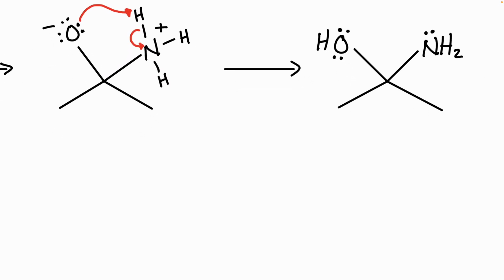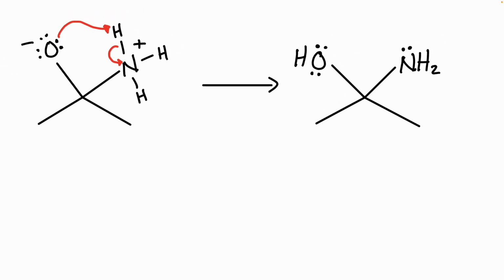Now, truthfully, in our textbook, you'll see this broken up into two separate steps. You'll have water accept this proton here, and then in a second step, you'll have hydronium give a proton here. We're just going to do this internal lazy man's way of doing it, right? One of those groups is a good acid, one of them's a good base, so our base is going to accept the proton from our acid. Done and done.